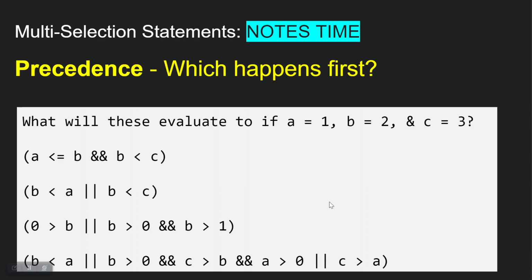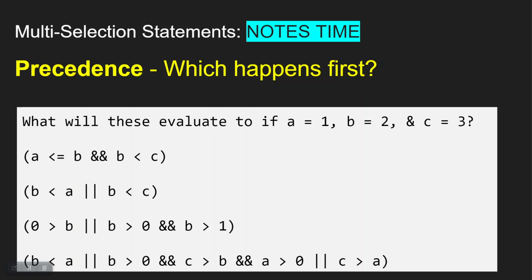All of them are going to evaluate to either true or false. Take a second and plug in these values and see if you can figure out what they are going to evaluate to. The first two are probably going to be easy, but when you get to the second two, things are going to get a little bit more difficult. So go ahead and pause the video.